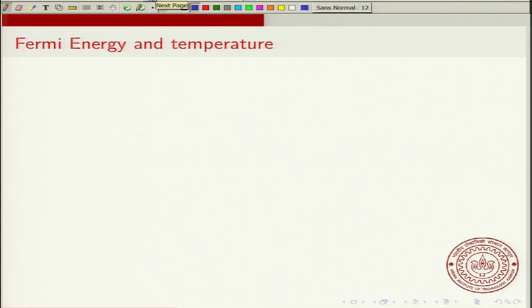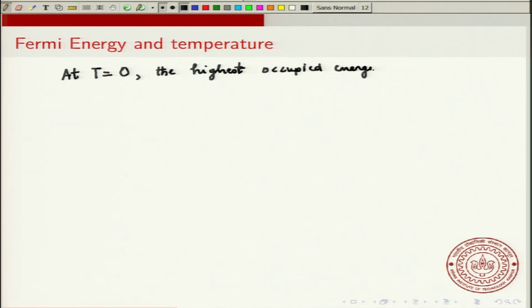So now you can ask what is the Fermi energy and what is the role of temperature. As we saw in the last figure, you can have these bands, and at T equal to 0, the highest occupied energy is called the Fermi energy.